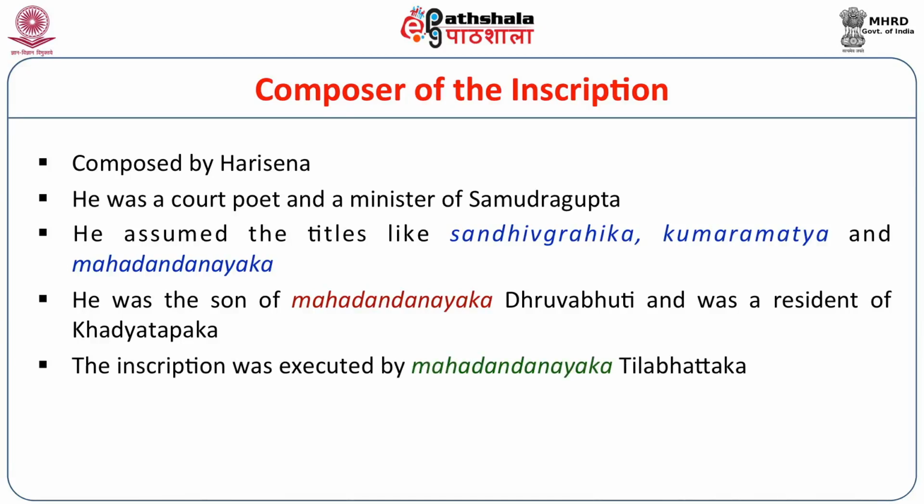So the inscription also tells us that he was the son of Mahadandanayaka Dhruvabhuti and was a resident of Khadyatapataka. From the titles assumed by both the father and the son, it can be said that both were in the administration, in the court of Samudragupta.